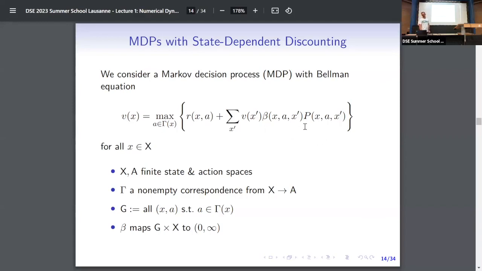P is the transition probabilities for the state. So given the state and the action, this is the probability I end up at X prime tomorrow. And the only interesting feature here is that the discount factor is allowed to be time varying. It's state dependent, depends in general on the current state, the next period state, and the action.